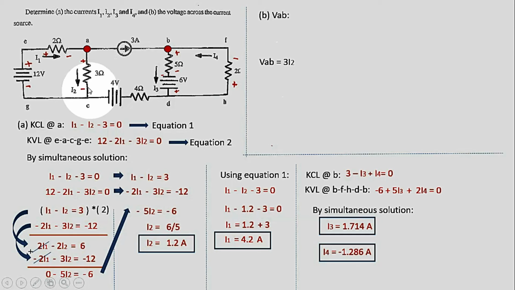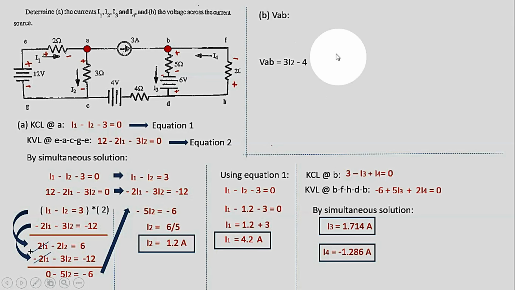So this is plus and minus. So we have here a shortcut thing. We place it on the right side, so the voltage drop here, which should be negative, becomes positive. So 3I sub 2. This one is voltage rise, 4 volts, but it is placed on the right side, so it will become negative 4 volts.